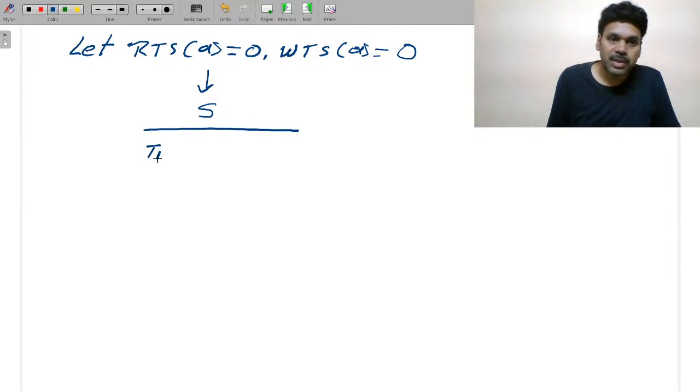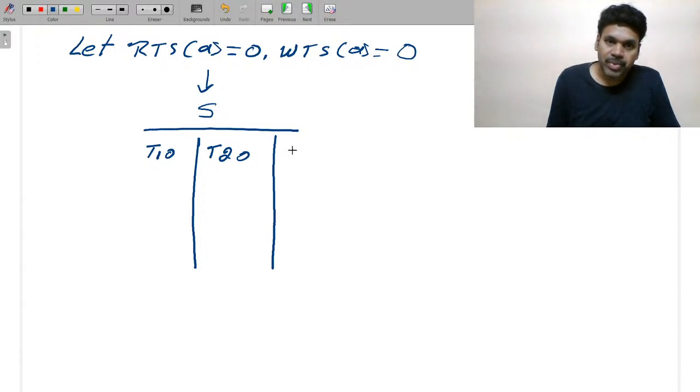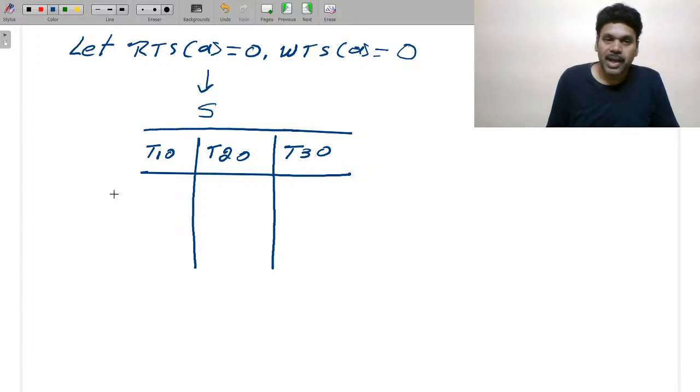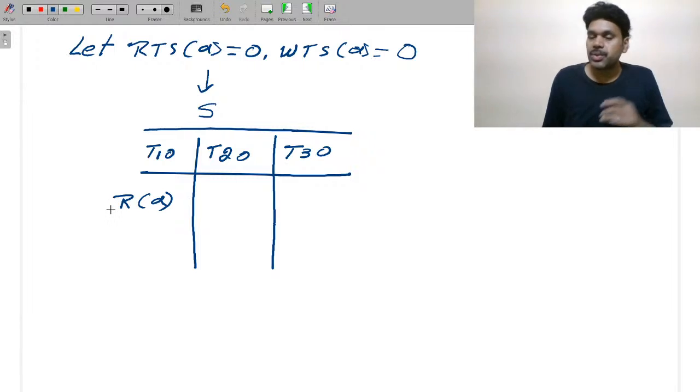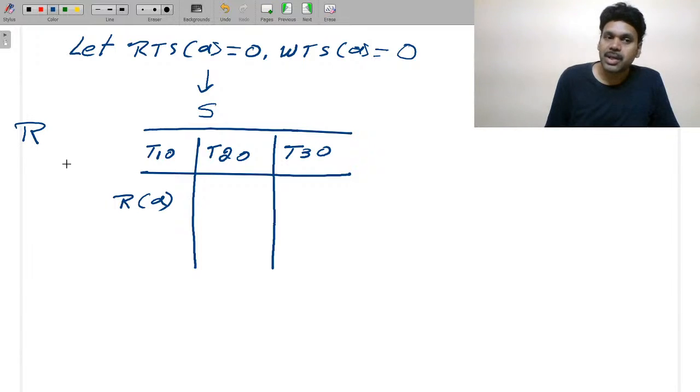Observe all of you, there are timestamps given by the transaction manager of the DBMS component. Now you see I am saying R of A. Friends, now you know whether it is allowed or not. You can happily say that we are going to cross-check R with the write timestamp only.